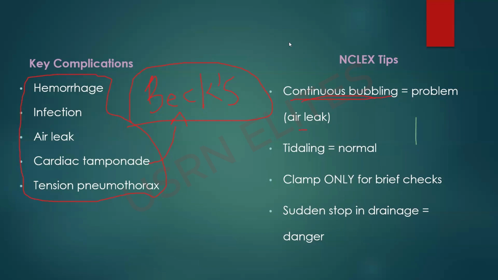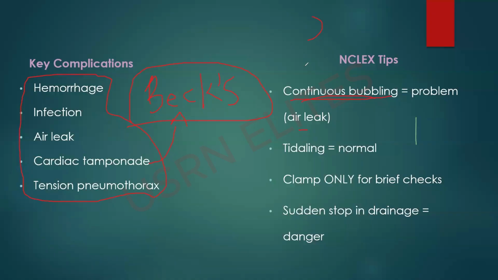It means air leak. But whenever there is a chest tube and it's connected to a suction, a gentle continuous bubbling is normal. It is not a problem. I'll repeat that again.